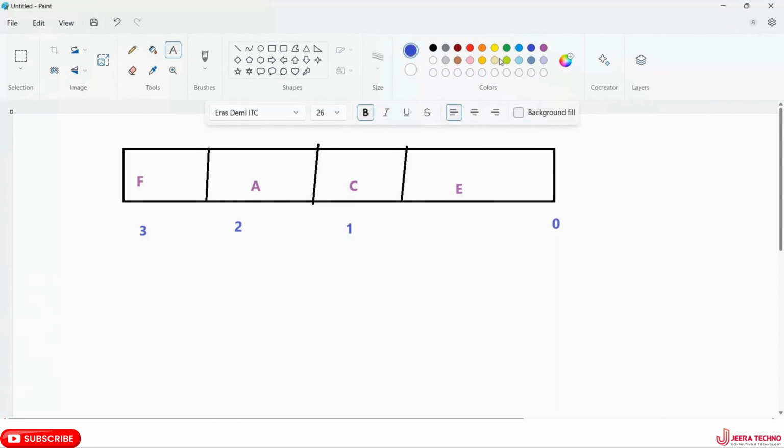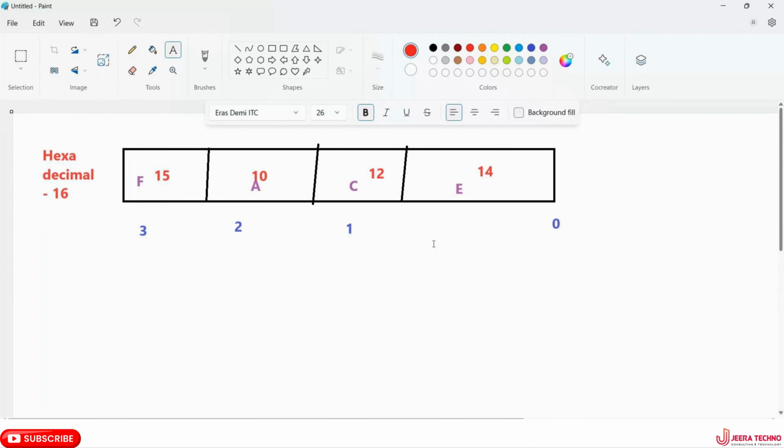Tell me, what is the F value, guys? 15, right? What is the A value? 10. What is the C value? 12. What is the E value? 14, right? Now what is the base value for hexadecimal? 16. Yes, so the base value will be 16.